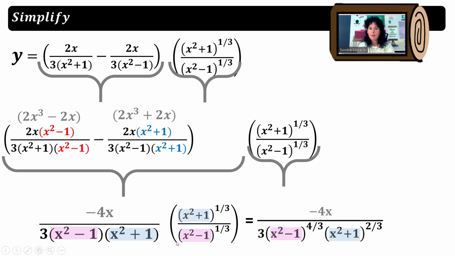Okay, so like bases, those pink ones were alike. So 1 plus 1/3 gave me 4/3. And then we're dividing here. And so we have like bases, x squared plus 1. So we have to subtract exponents. 1 minus 1/3 is 2/3. And we finally have our simplified answer that would match the back of the book.